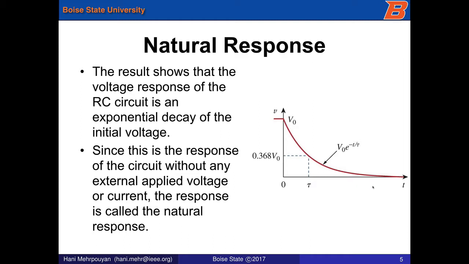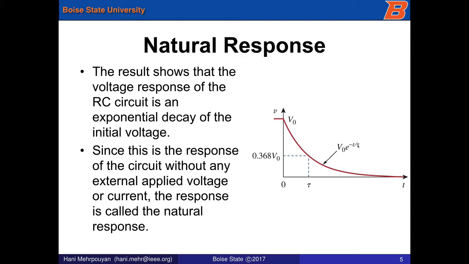This follows an exponential relationship, which we will show in class, but basically the relationship is given by the initial voltage times e to the power of negative t divided by tau, where tau is referred to as a time constant. For an RC circuit, tau is equal to R times C, so resistance times capacitance.